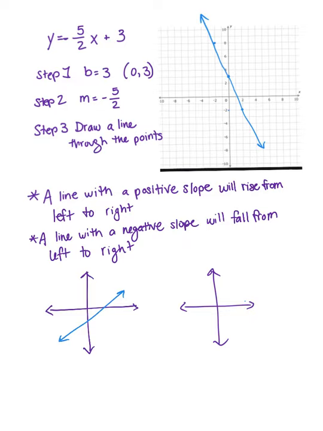Remember, if it's positive, it'll rise because positive people rise. And if it's negative, it'll fall because negative people fall. So is this one that I did first, is that positive or negative? It's positive because it's rising. And then if it's negative, it's going to look like it's falling. So let's draw it like this. It's really not straight, but that's okay. You get the idea. This one's a negative.